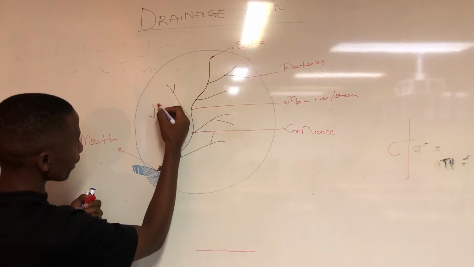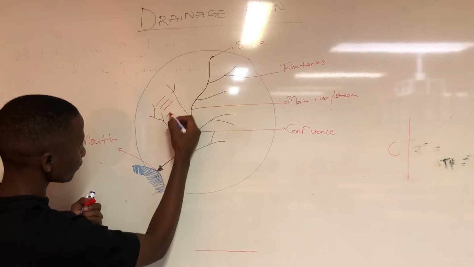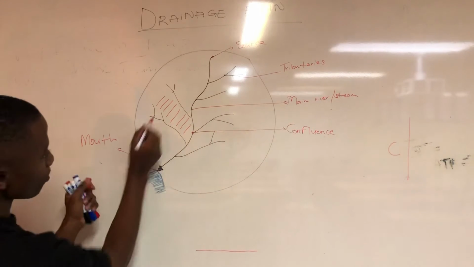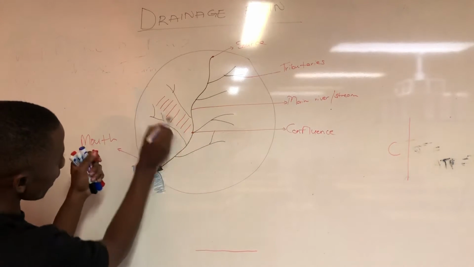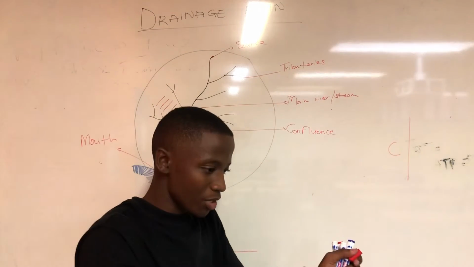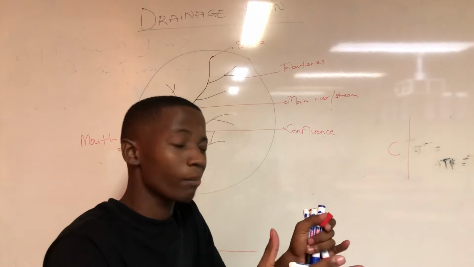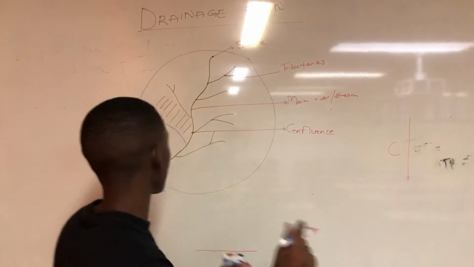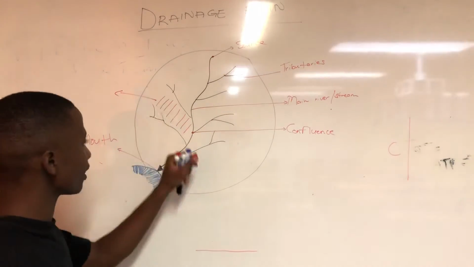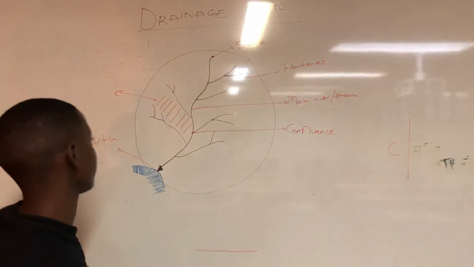In between there is a high-lying area. The stripes show that this area is a high-lying area that divides two streams in the same drainage basin. We call this area an interfluve.